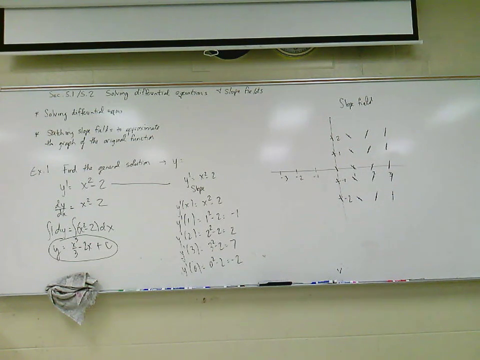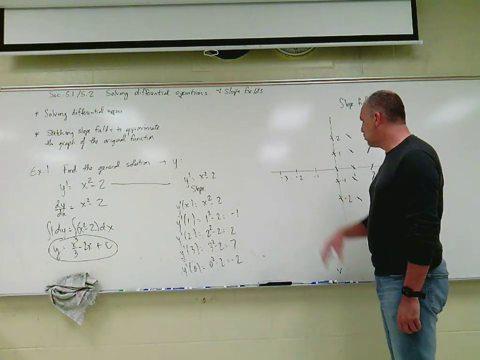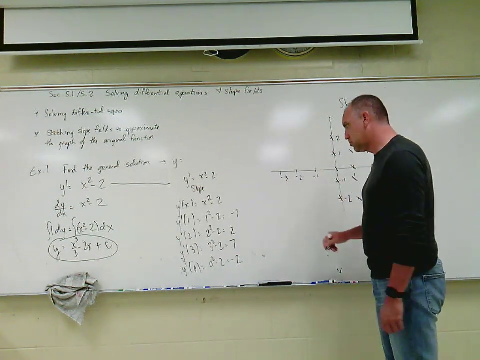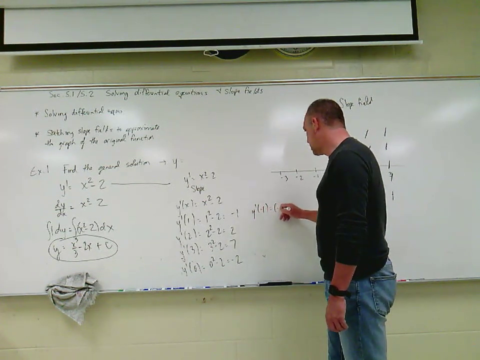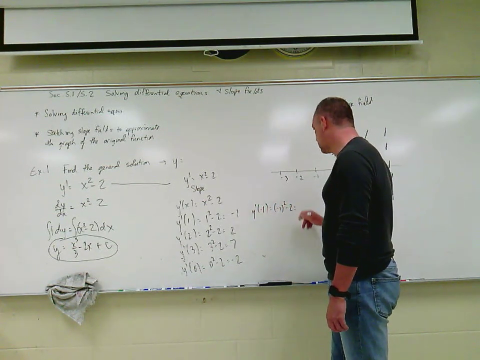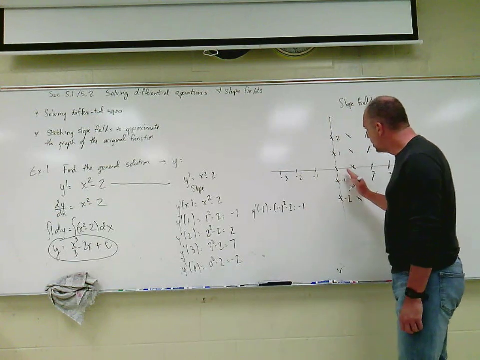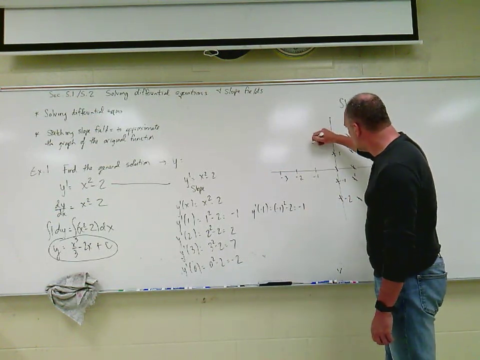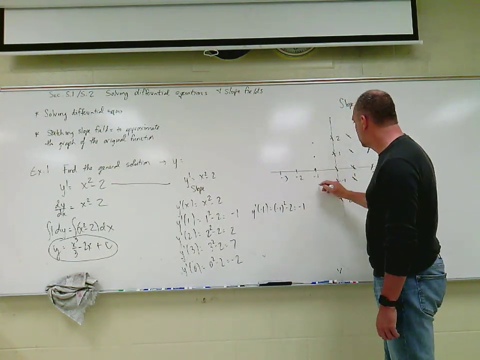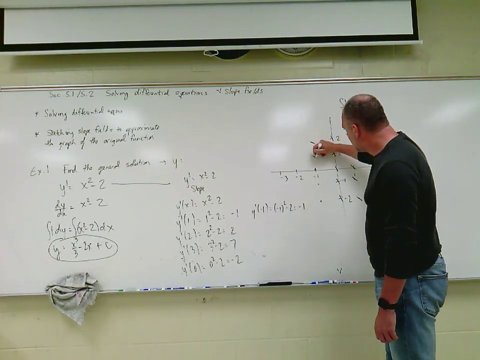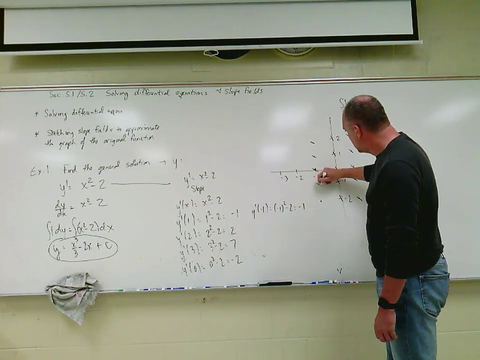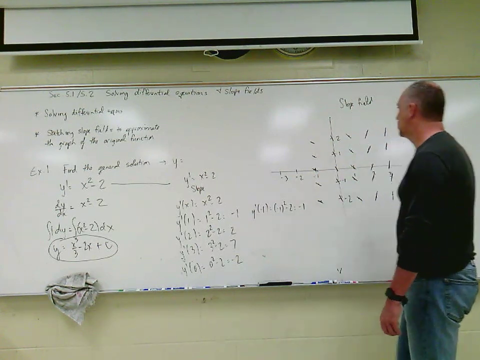And we'll do -1. So y prime of -1, you get -1 squared minus 2, which is -1. So at -1, at all these x's, we're going to draw a slope close to -1.